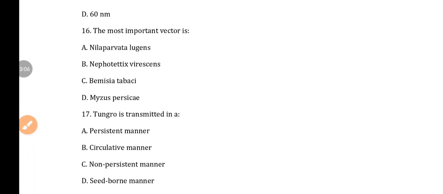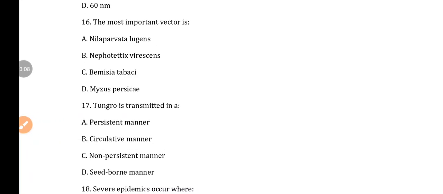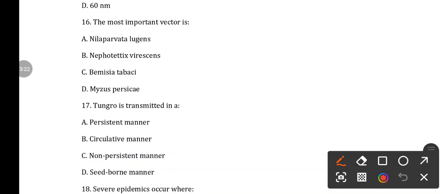Next, question number 16. The most important vector for the Rice Tungro virus. The options are option A Nilaparvata lugens, option B Nephotettix virescens, option C Bemisia tabaci, option D Myzus persicae. Here the answer is green leafhopper, Nephotettix virescens. Okay.